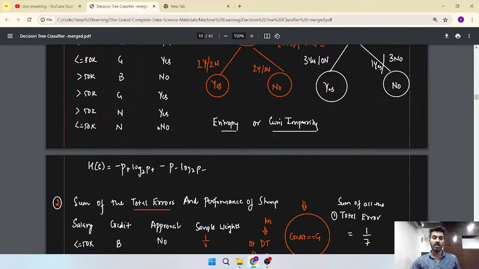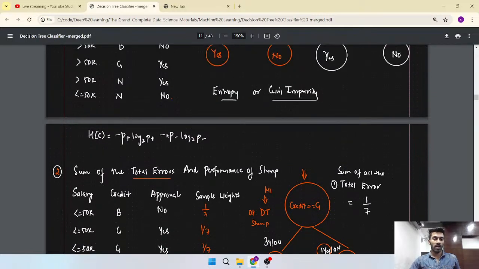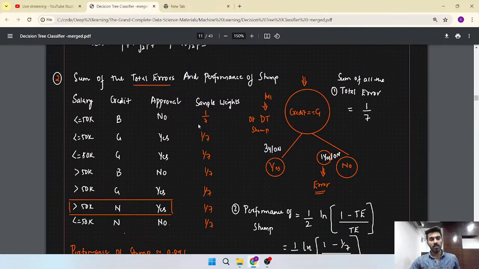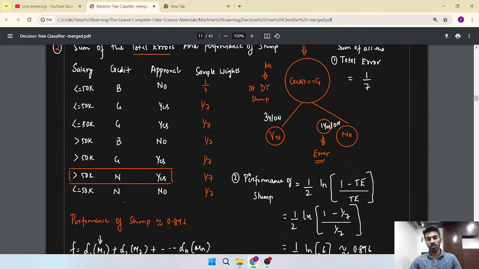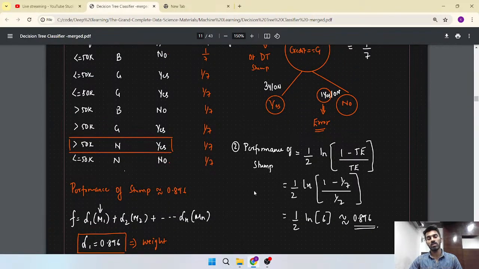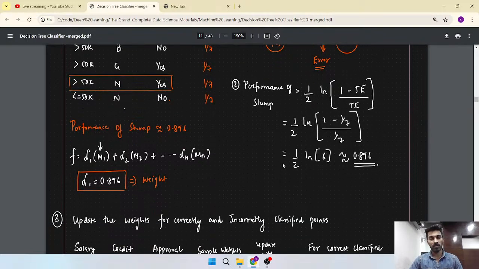Firstly, apply a decision tree directly and calculate the entropy. In the boosting algorithm, in the first model we give the same weight to every training data point and find the accuracy. The performance formula is 1/2 log of (1 minus total error) divided by total error. So you will get some performance value.